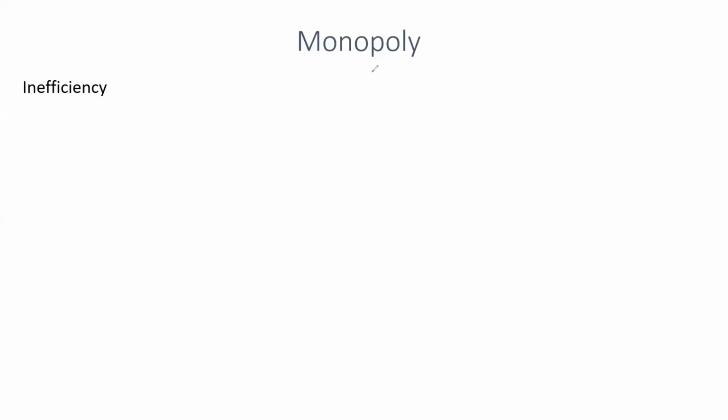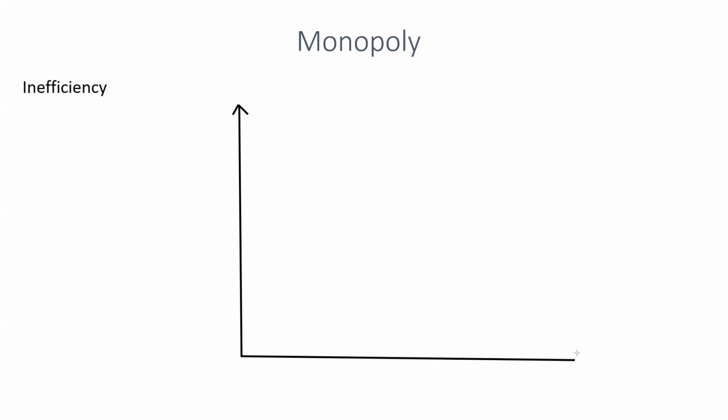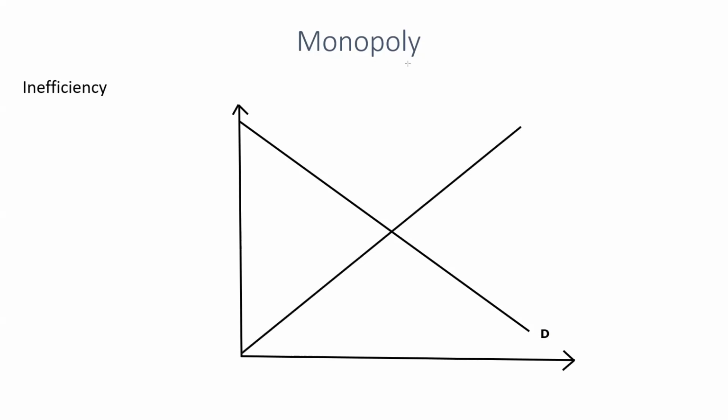So what I'm going to do now is I'm going to show you a monopoly and a market, not an individual, but a market for perfect competition on the same diagram. So get ready. This is my demand curve. This is the supply curve.